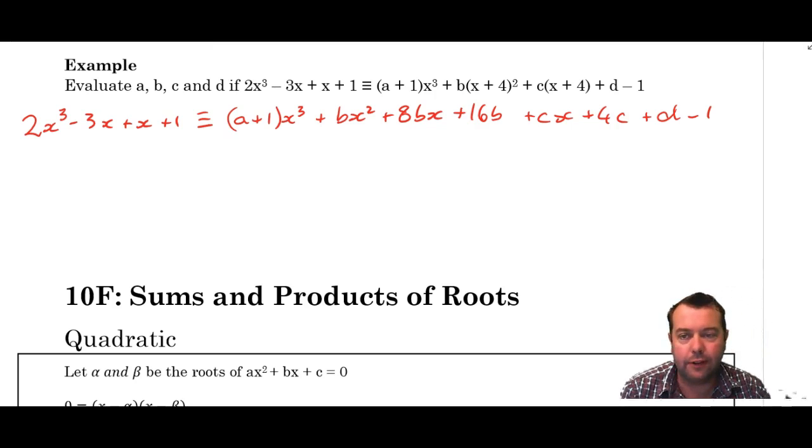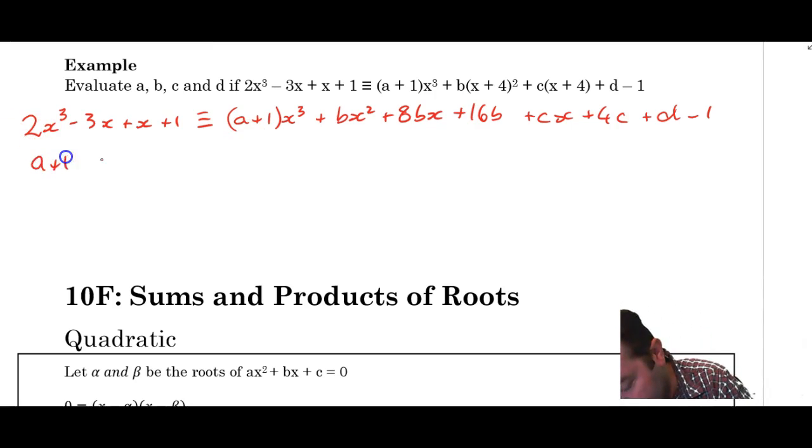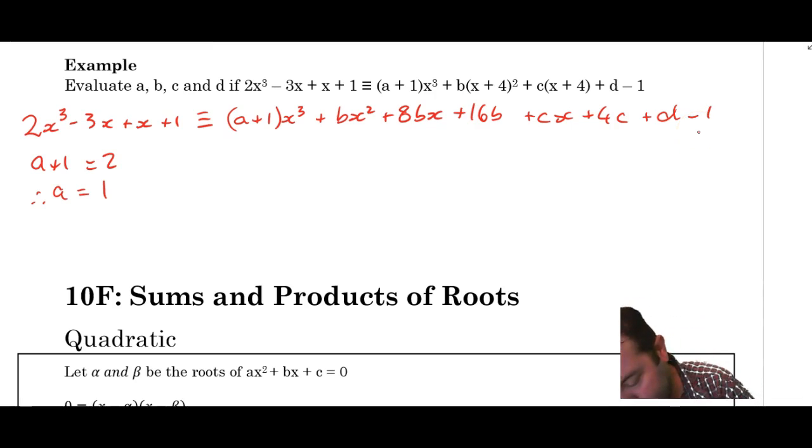So straight up I can see that a plus 1 has to equal 2, because the coefficient of the x cubed here has to equal that there. So a plus 1 equals 2, therefore a equals 1. That's nice and easy. 1 of the 4 done. Also, d minus 1 has to equal 1. We'll put a box around this so we don't lose it. D minus 1 equals 1.